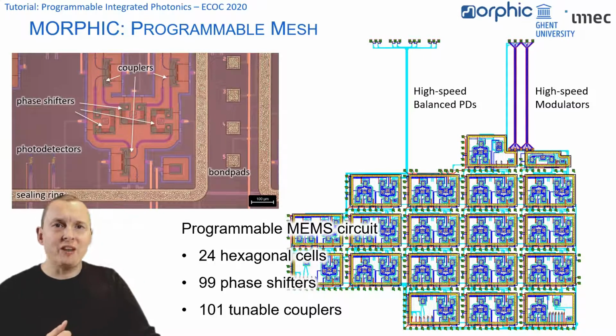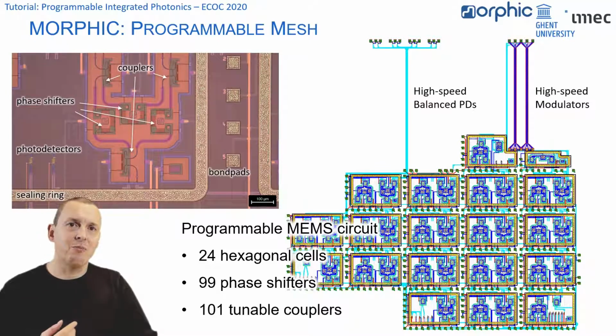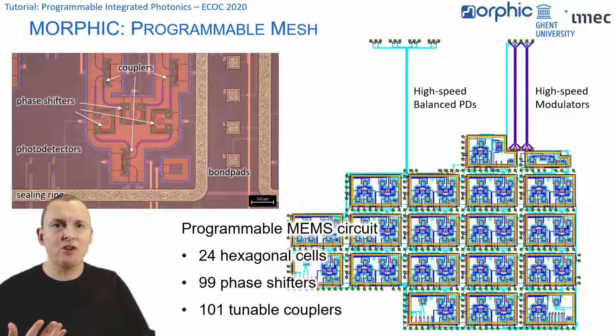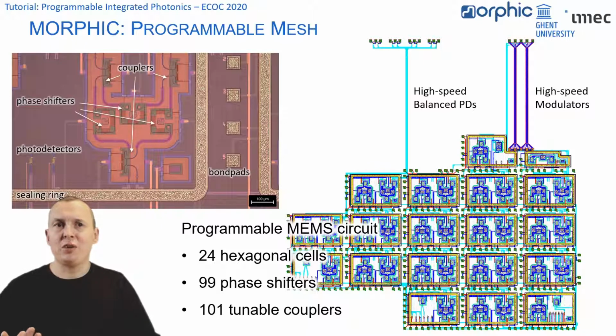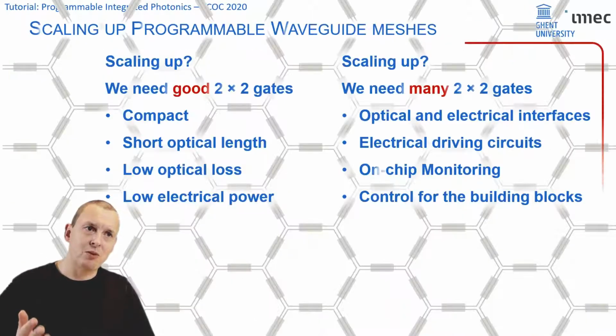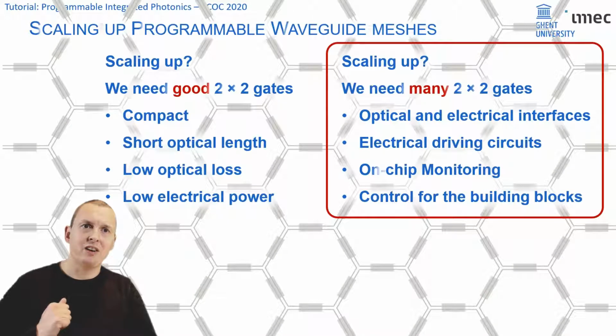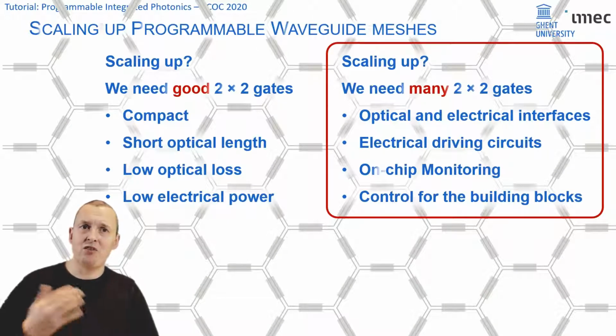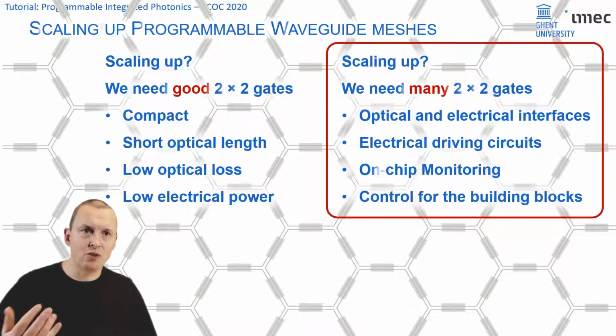It shows you 24 hexagonal cells using MEMS phase shifters and MEMS tunable couplers. In total, it requires 200 separate actuators to make it work. And I'm showing you this because it highlights one of the problems that we had on our scaling slide. If we have these many, in this case 200, but we want to scale this up to more, if we have these many 2x2 gates, they all need to be controlled electrically.